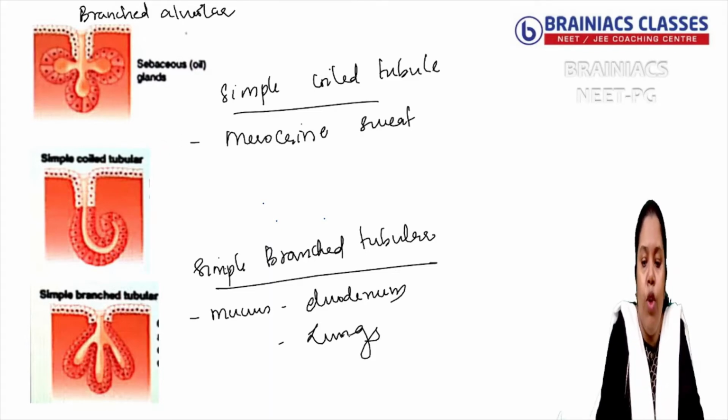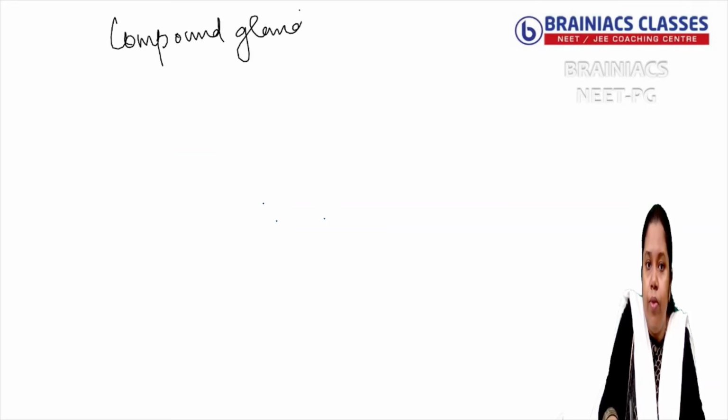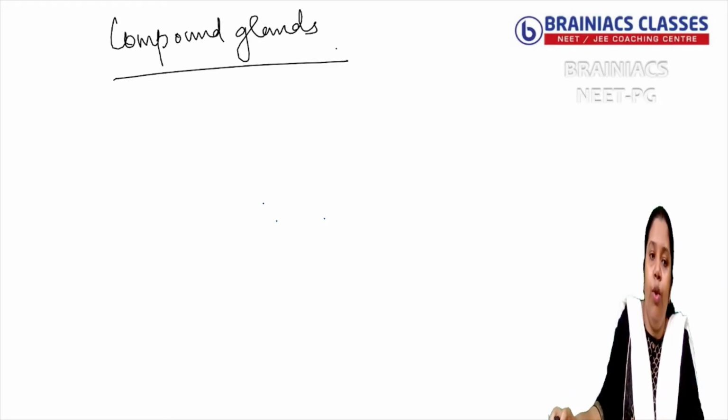Now we are moving on to the compound glands. I told you, here a group of cells will be draining into a duct, and this duct will drain into some larger ducts. They are called compound glands, right?